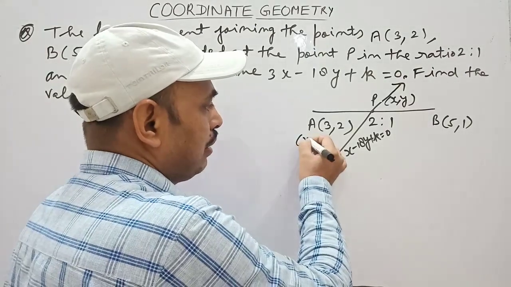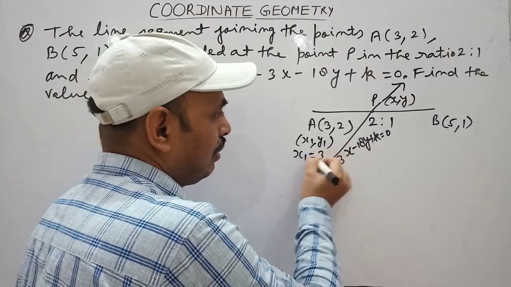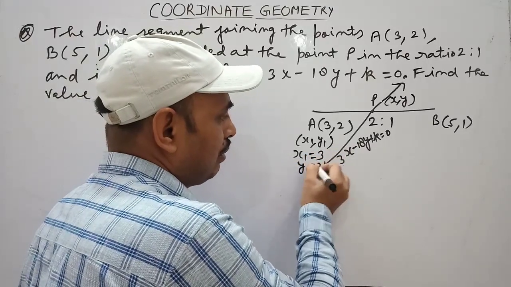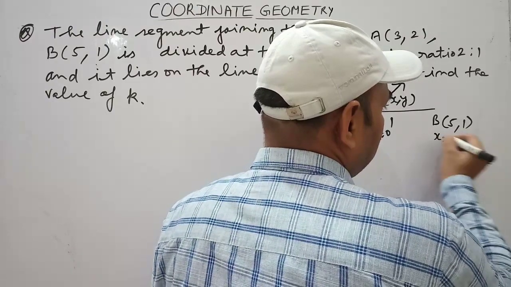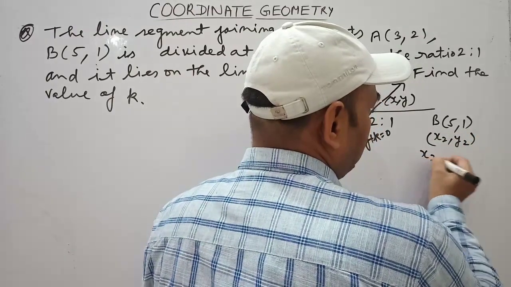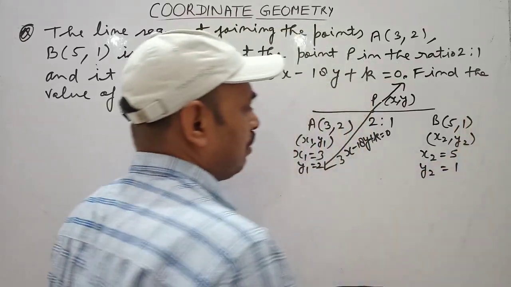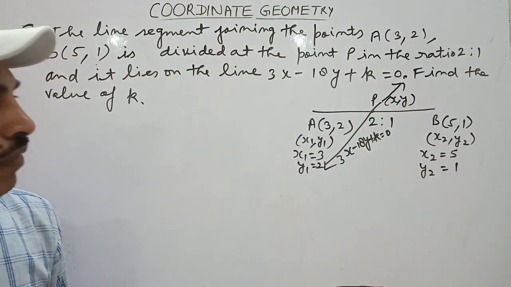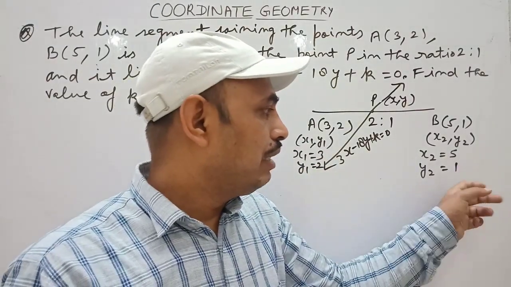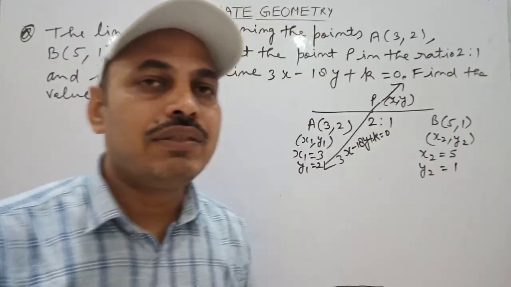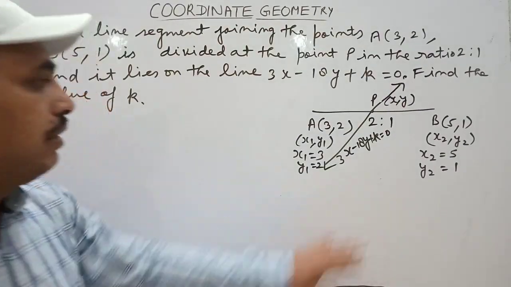Compare: x1 is 3, y1 is 2. Compare here also: x2 is 5, y2 is 1.